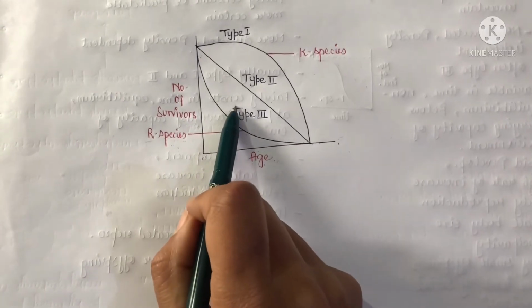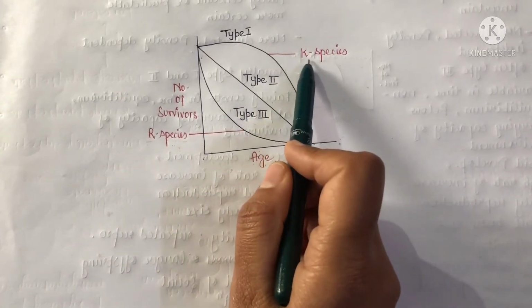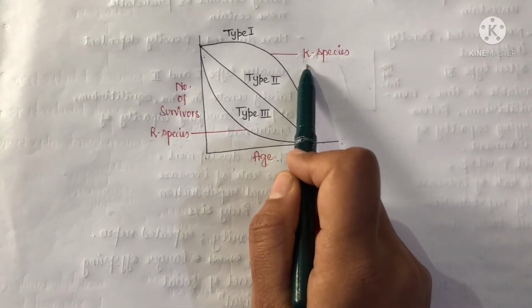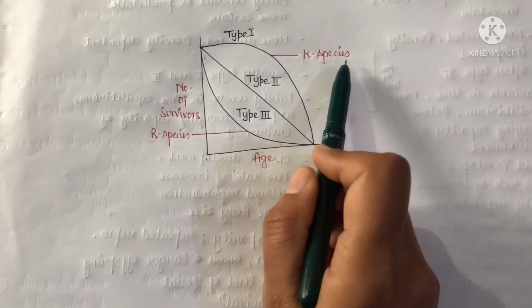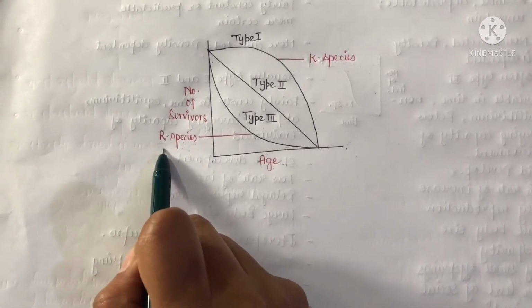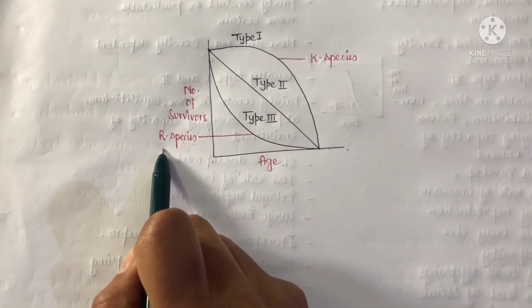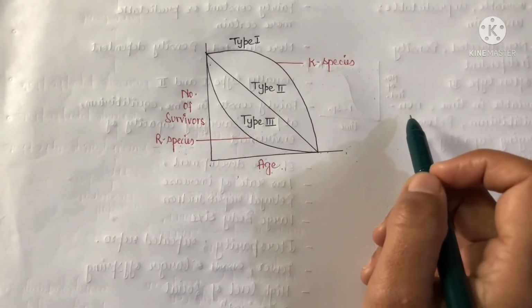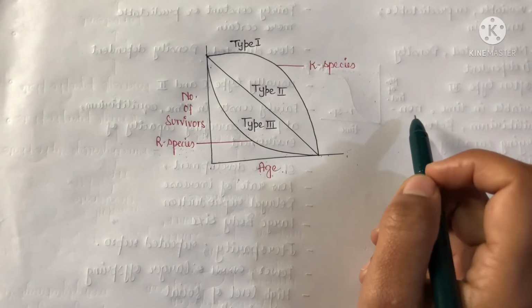So this type of curve falls under K species. So K species is iteroparous. On the other hand, R species are semelparous, which includes only a single reproduction in their lifespan, but K species include multiple reproduction in their lifespan, right?